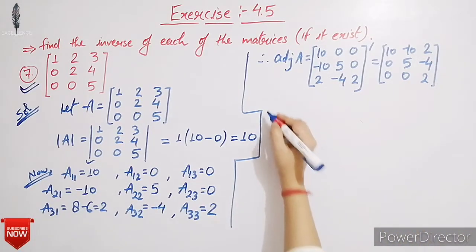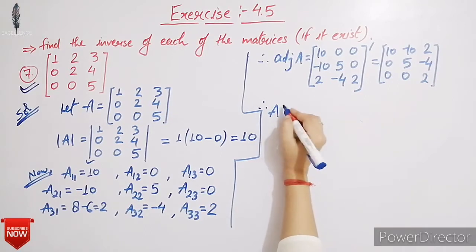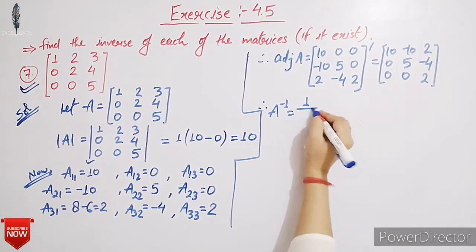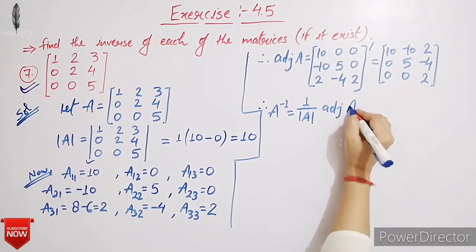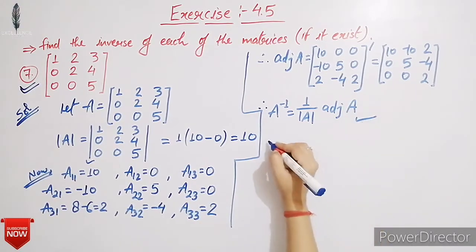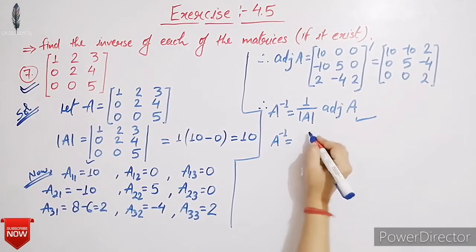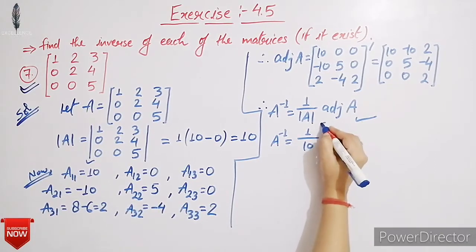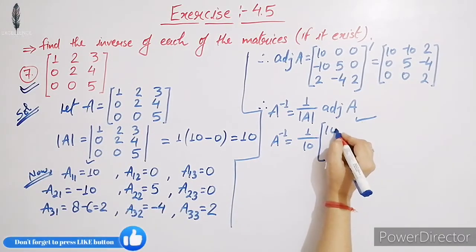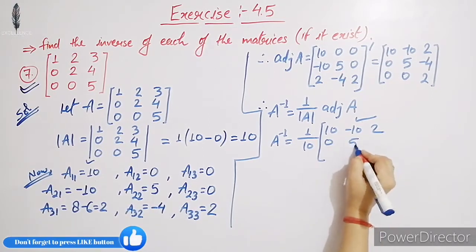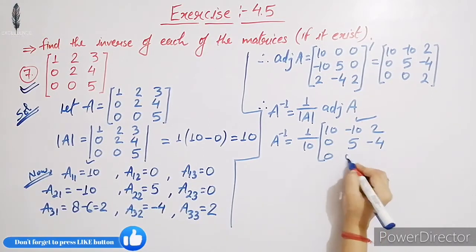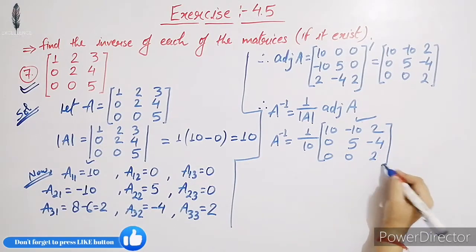Okay. So A inverse is equal to 1 by determinant of A into adjoint A. On putting these values, we have A inverse equal to 1 by 10 into adjoint of A, that is [10, -10, 2; 0, 5, -4; 0, 0, 2].